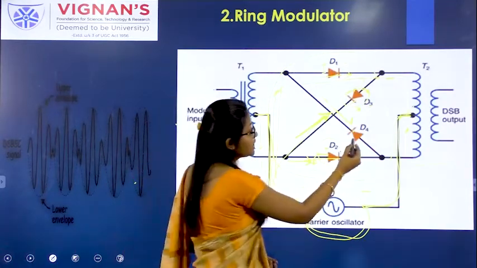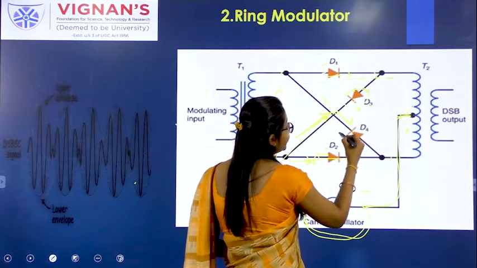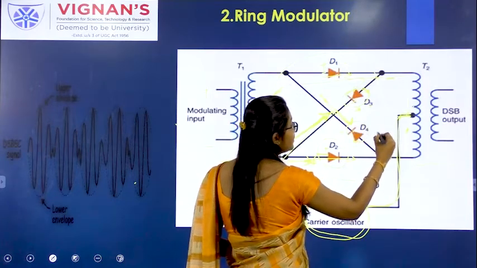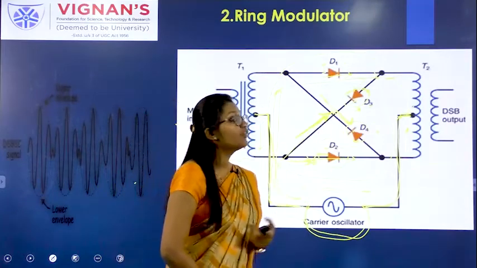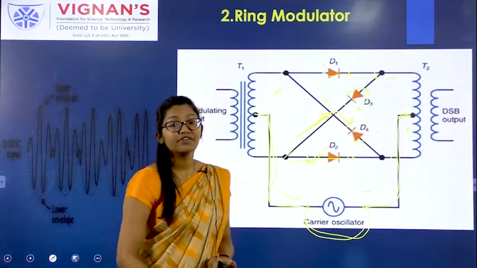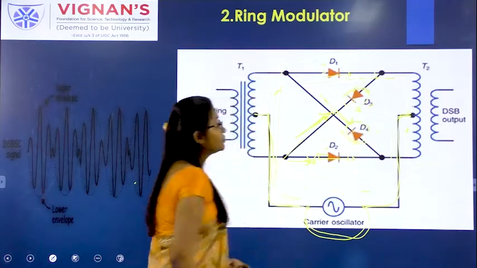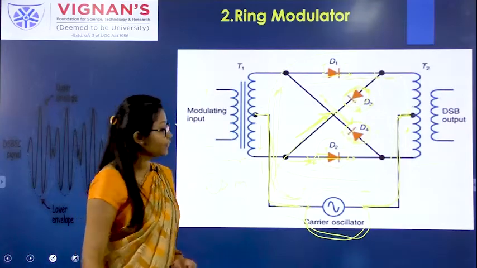The same way D4: the current flow is this, and here you should get plus minus, but in D4 you are getting minus and plus, which means reverse. That's why D3 and D4 act as reverse bias. Reverse bias means both will be open circuited. So that's why we remove D3 and D4 in the positive half cycle, right?